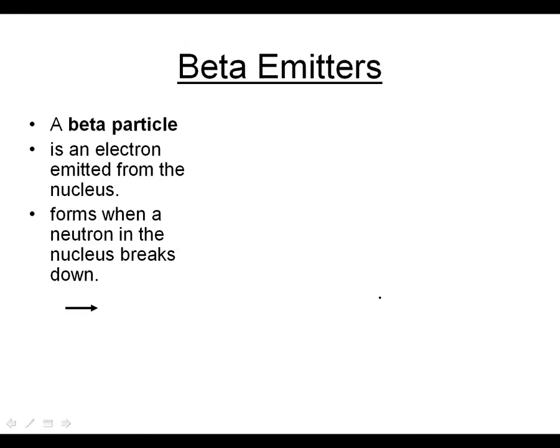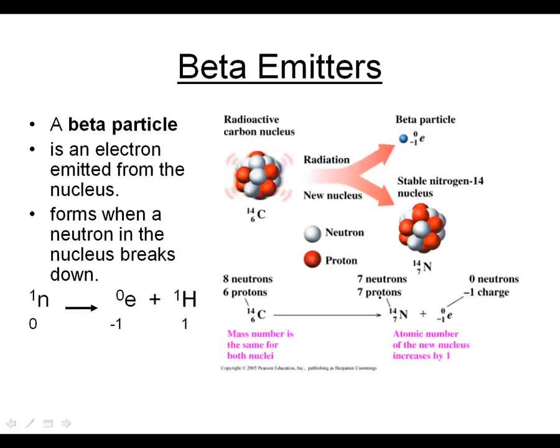Now, a beta particle is an electron, and it goes through a beta emission. The key here is emission, so that means on our product side, we will have that beta particle coming off.